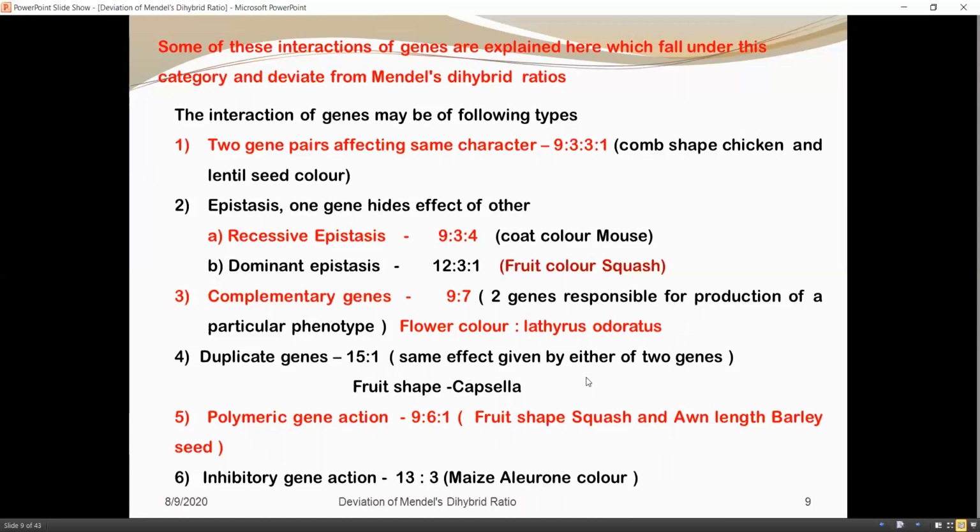The same effect is given by, if we consider capital A and capital B, the same effect will be given by capital A and by capital B separately. So in all those combinations where there is either capital A or capital B, it will give that trait, that color, fruit shape in Capsella. Polymeric gene action: the examples are fruit shape in squash and awn length, hair-like structure on barley seeds. Inhibitory gene action, masking gene action, etc.